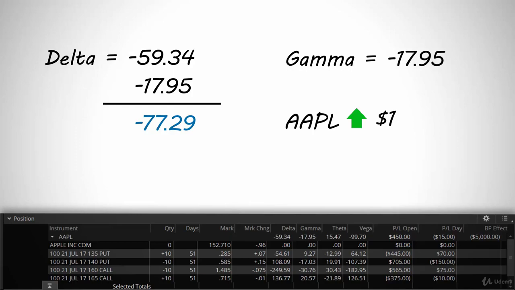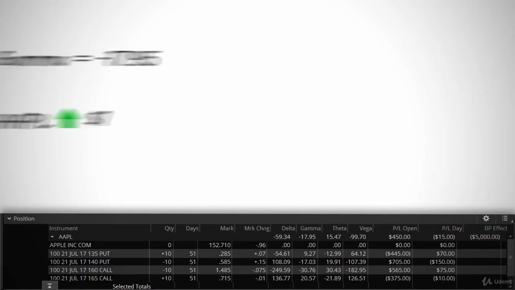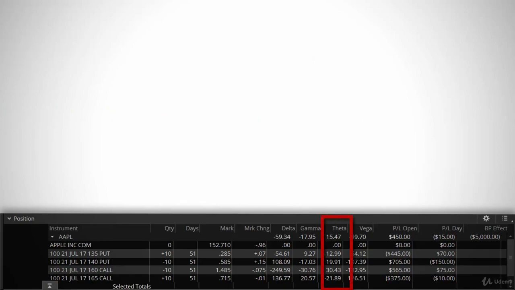Again, gamma is not something that's evaluated frequently, as it starts to become second nature to traders with experience. It should just be understood that the delta will change as the stock moves, and gamma is a way to measure that change. If we look at our position theta, we see a value of 15.47, which is a positive number.